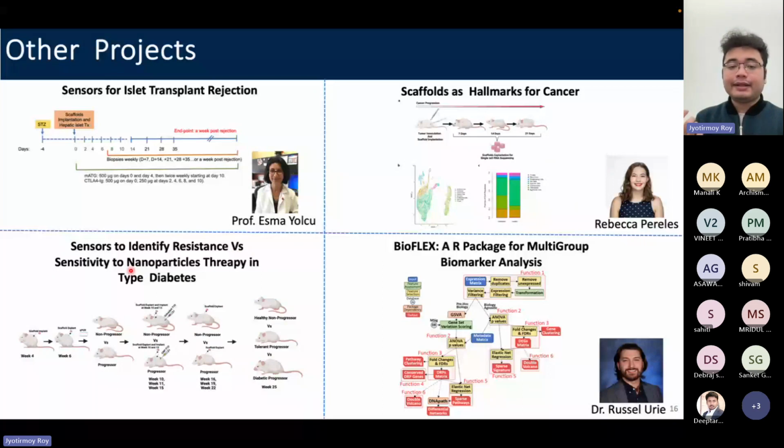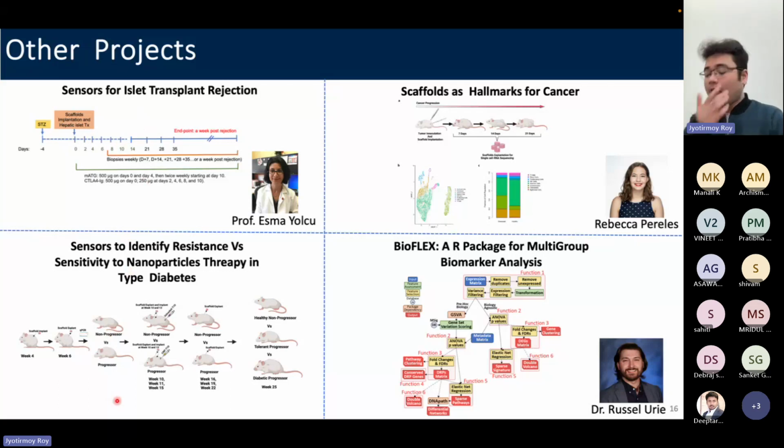So nanoparticle therapy is very common in autoimmune diseases, where once you give these nanoparticles, they help in tolerizing the T cells. What do I mean by tolerizing the T cells? It means that the T cells will no longer go and kill the beta cells, if I put it in simple terms. But exactly as is the case in islet transplantation, some mice respond to the nanoparticle therapy, some mice do not respond.